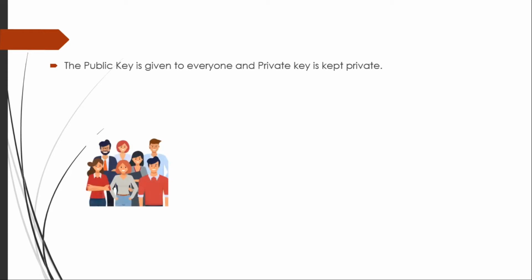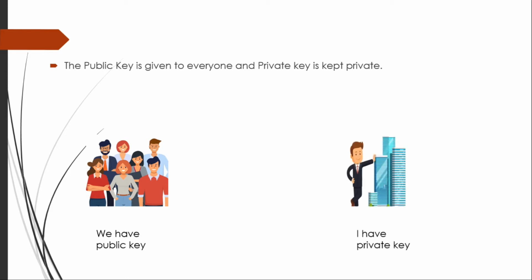The public key is given to everyone and the private key is kept private. The key used to encrypt data in RSA is the public key, that is distributed to everyone, but the private key is used to decrypt, that is kept private.